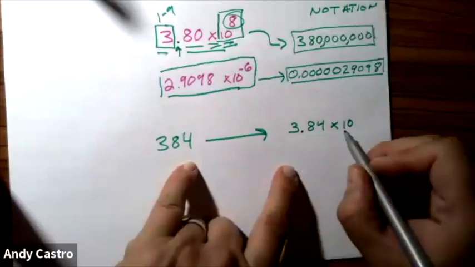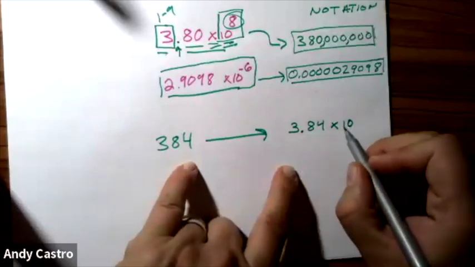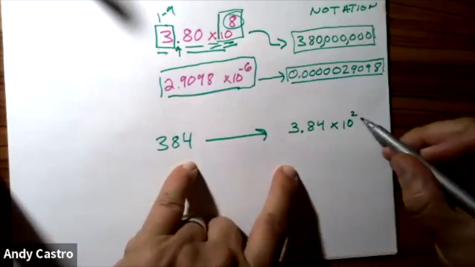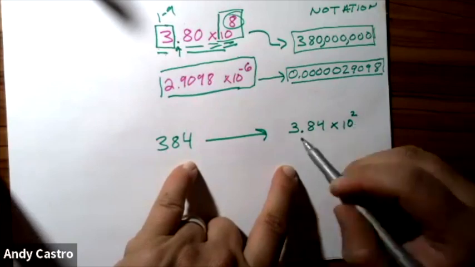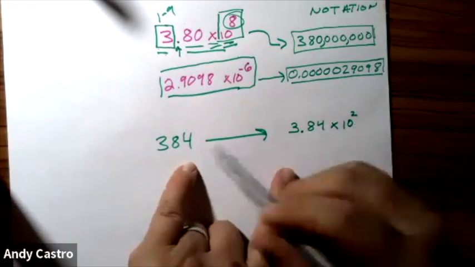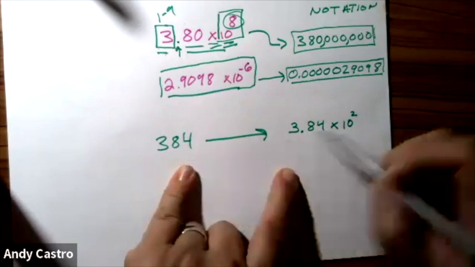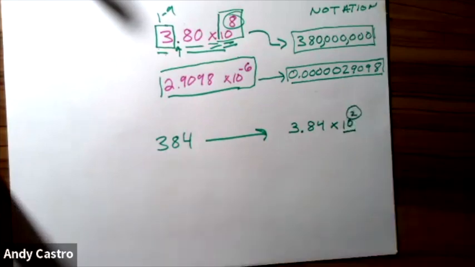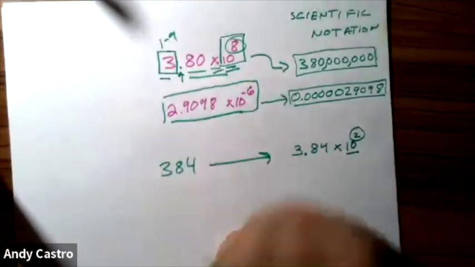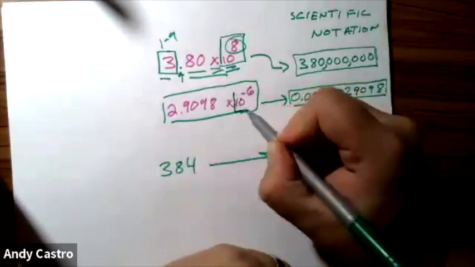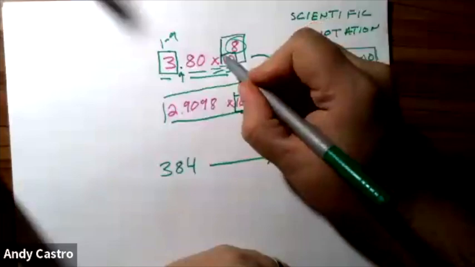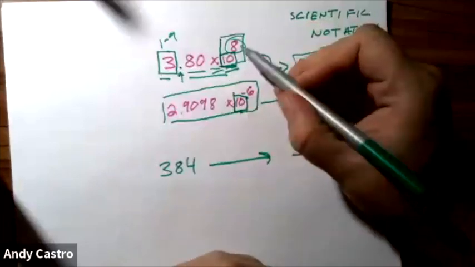So I'm going to multiply it by 10 to the second power. 10 times 10 is 100, and 100 times 3.84 is 384. But I'm writing 100 as a base 10 and an exponent of 2. So all my scientific notation numbers are going to have the same base 10, and then I'm going to have an exponent.